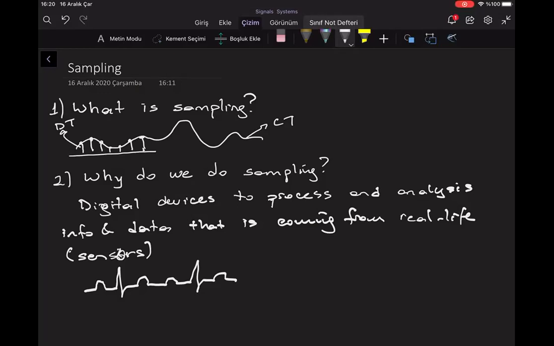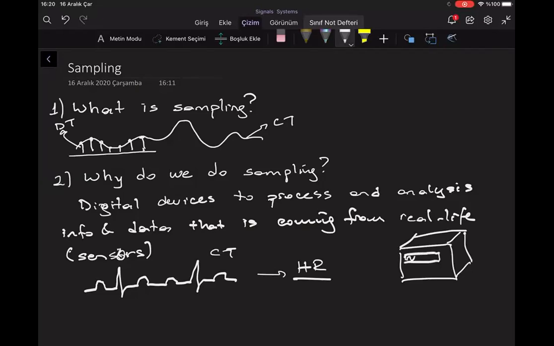They all generate continuous time data, right? Değil mi arkadaşlar? So I have this continuous time data, and I would like to find out the heart rate of a person, and would like to show it on a bedside monitor. Hasta başı monitörü, bedside monitor. Do you know what bedside monitor is? Arkadaşlar?